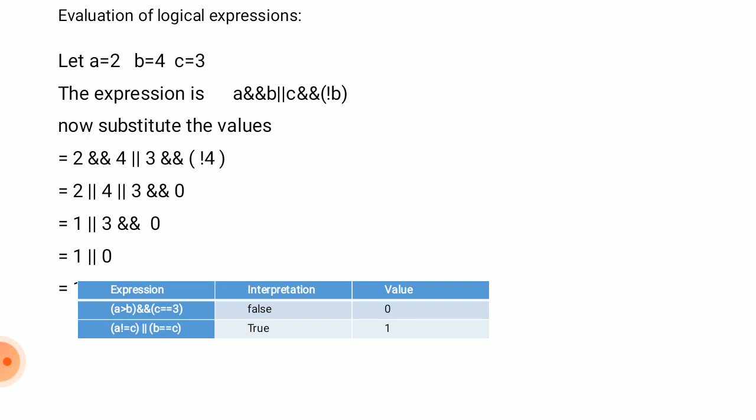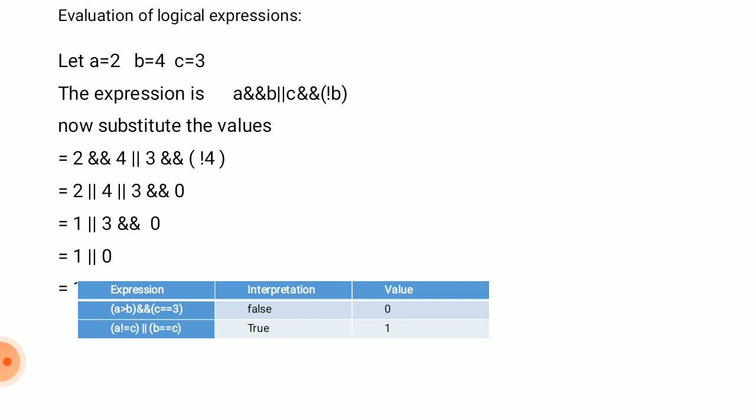Let A is equal to 2, B is equal to 4 and C is equal to 3, and the expression is A logical AND B logical OR C logical AND, in parentheses, logical NOT B. As we know, the highest priority operator is the logical NOT.